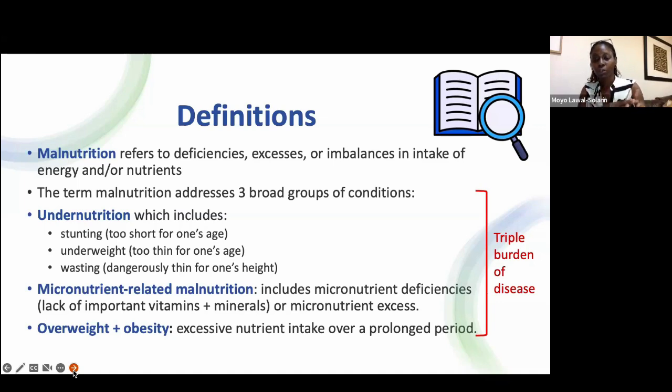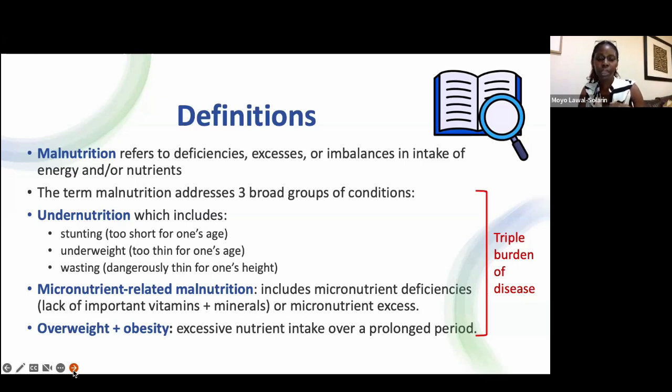So it's important not to overlook the very cute, chunky toddler that you think is just nice and squishy. It's important to realize that being overweight and obese as a child is still a significant comorbidity, and it's actually an increasing problem in this country. Undernutrition encompasses stunting, underweight, and wasting.